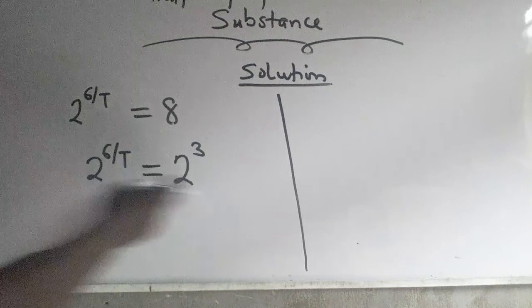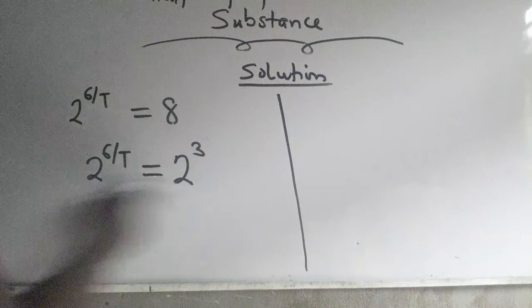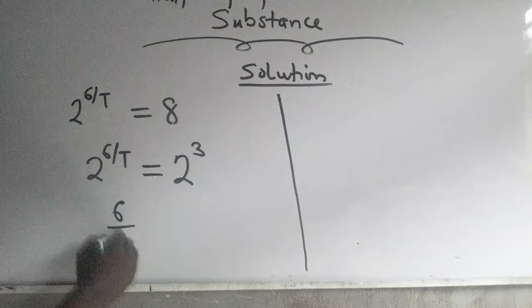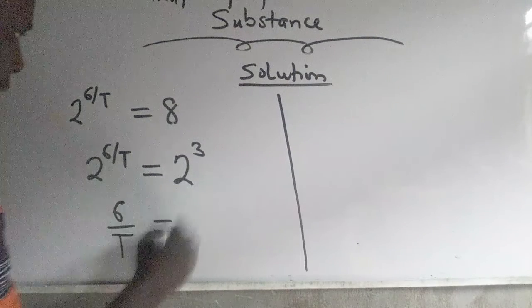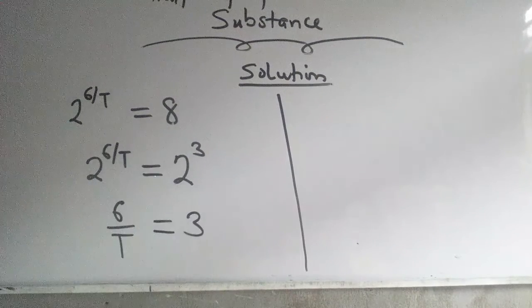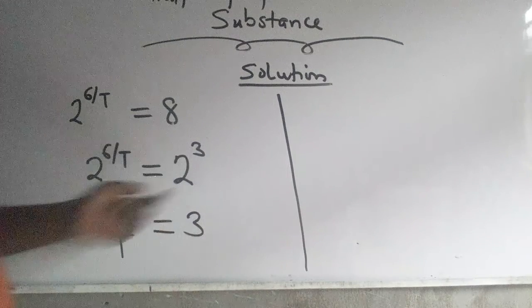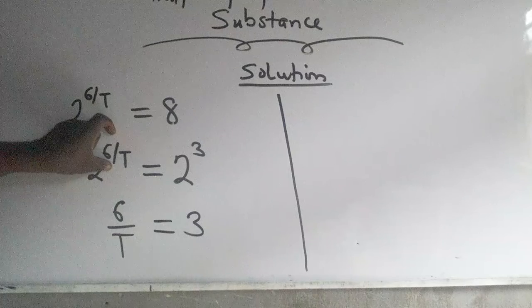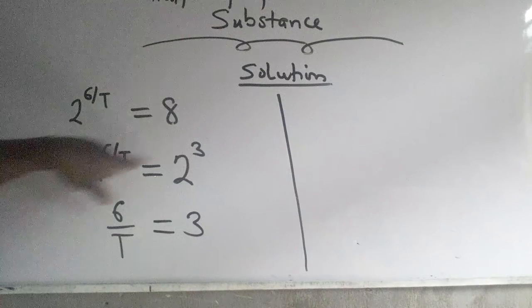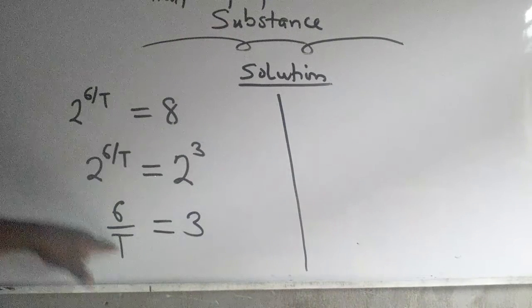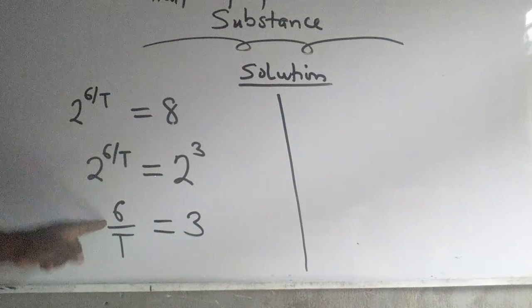It follows from this identity that 6 over T is equal to 3. Since the base here is 2 and the base here is 2, we just have to equate the powers. 6 over T becomes equal to 3. And that is what we have written down here.